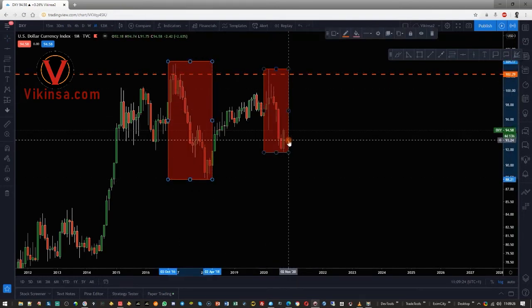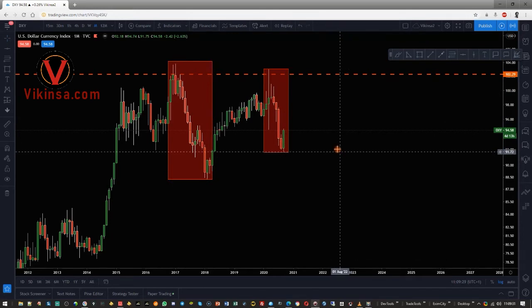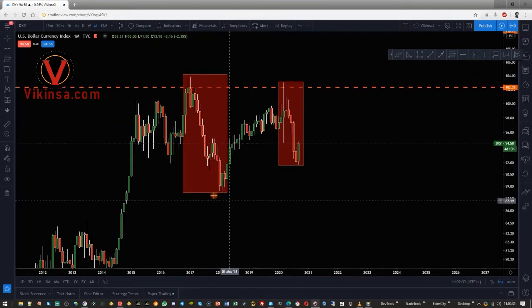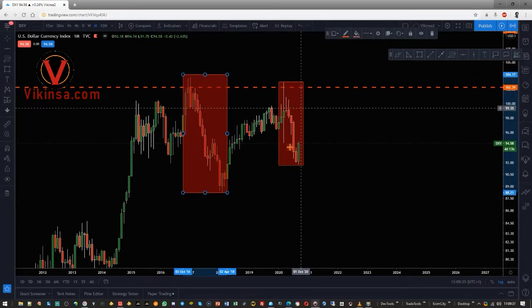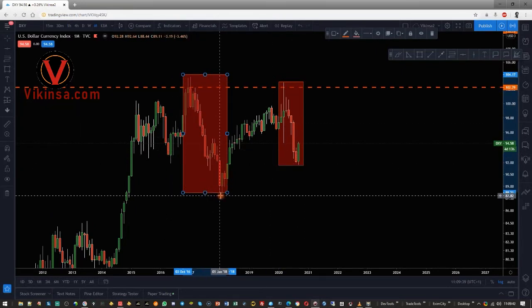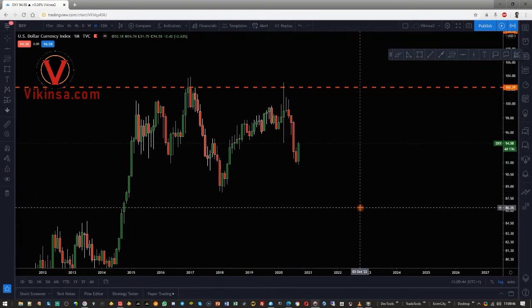So this is nothing. Do not worry about fundamentals as such. The dollar is getting weak, maybe it is, right? But the charts do not lie. The charts are telling us that this is nothing compared to what we had before. So what we should do is stay objective and trade what we see.